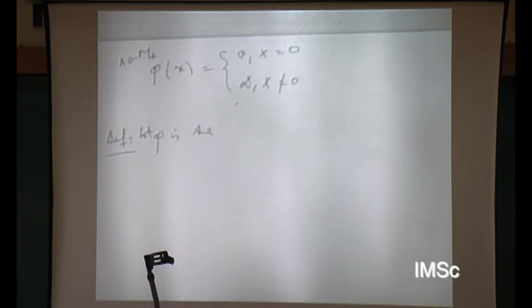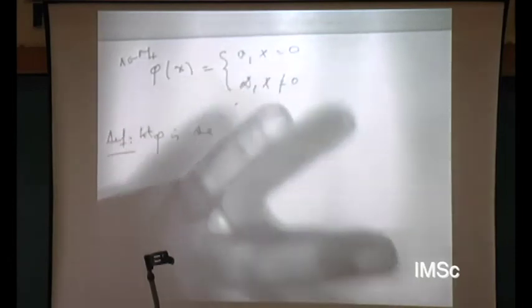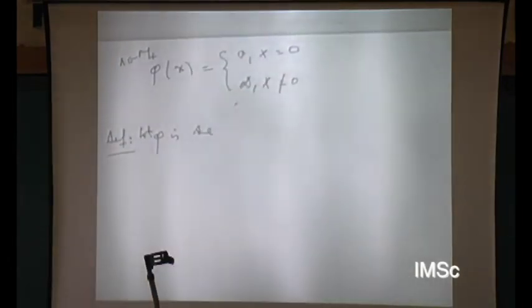Mu of the empty set equals 0. What is it? No. I want to rule out that trivial case where mu of the empty set is 0 and mu of every non-empty set is infinity.